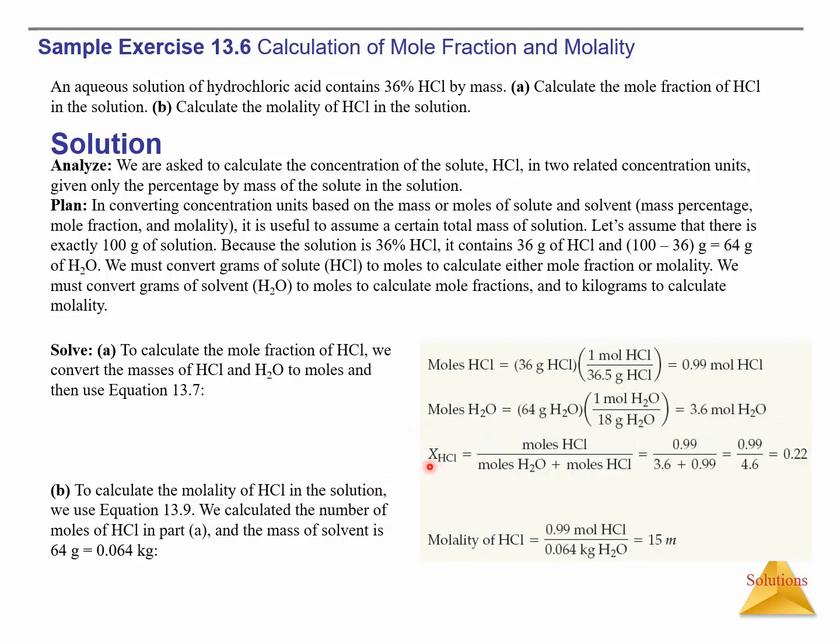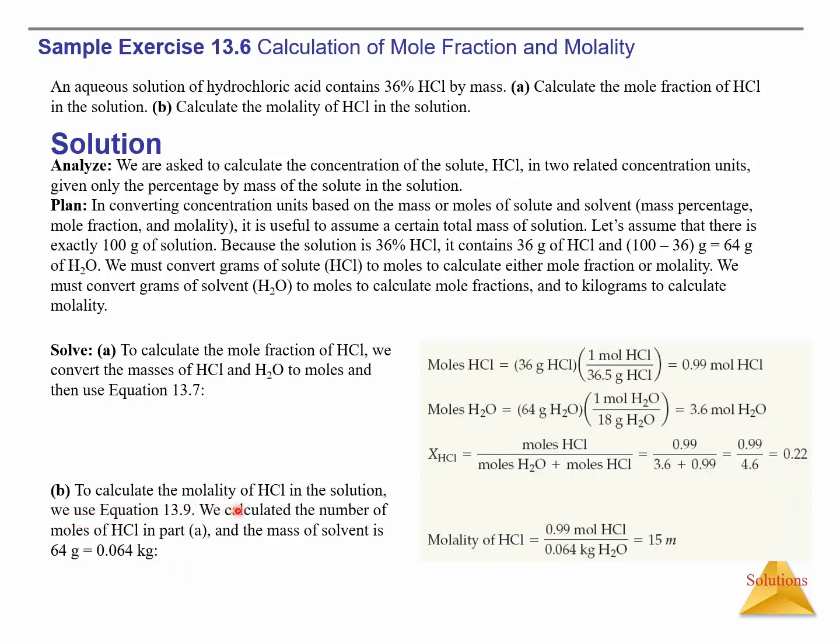Now, mole fraction X of HCl equal moles of HCl divided by total number of moles, 0.99 divided by 3.6 plus 0.99, and the mole fraction of HCl will be 0.22, as you can see here.